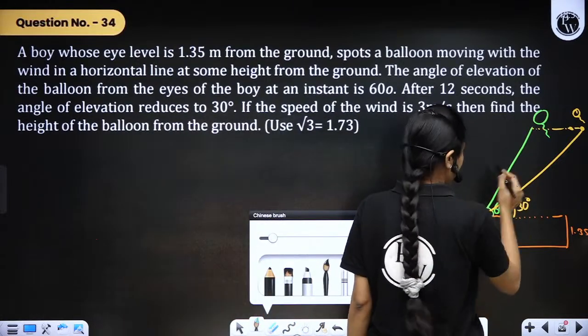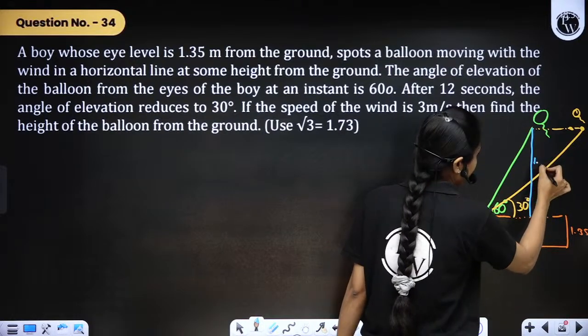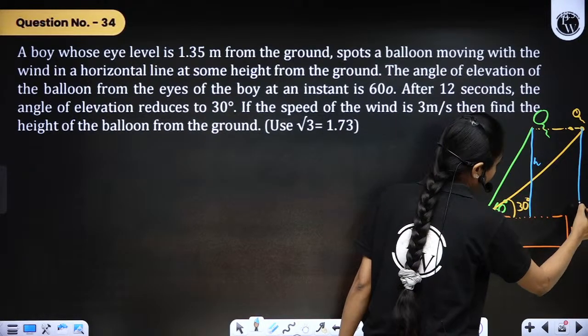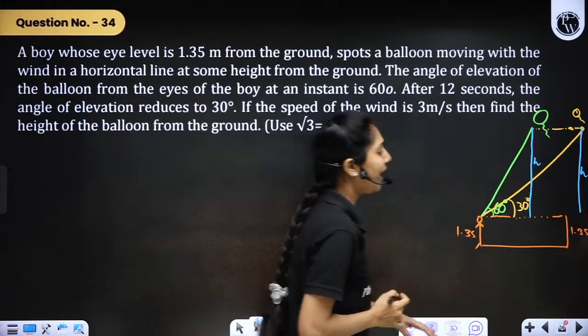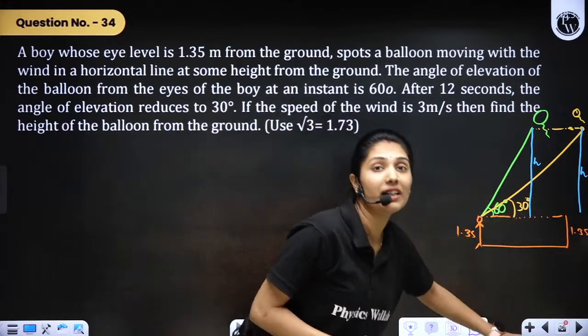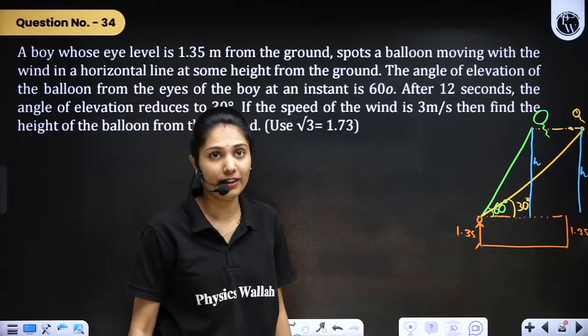So if I say this one is the height, this is the height h, let's say. So this one should also be the height h, and we have to find the height from ground level, which means 1.35 will get added there.